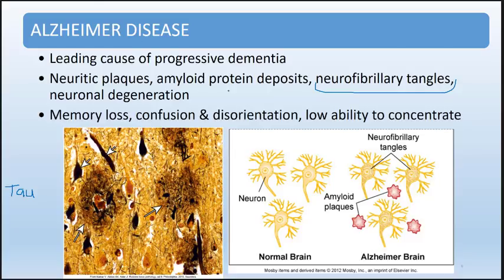And so these neuritic plaques, the neurofibrillary tangles, these amyloid protein deposits are more concentrated within the cerebral cortex as well as the hippocampus. And the hippocampus is really big in terms of its importance in memory. Looking at this image on the left of the screen here, the longer arrow is showing you what the beta amyloid protein deposits look like that end up forming these plaques. And then the smaller arrows are showing you the neurofibrillary tangles.